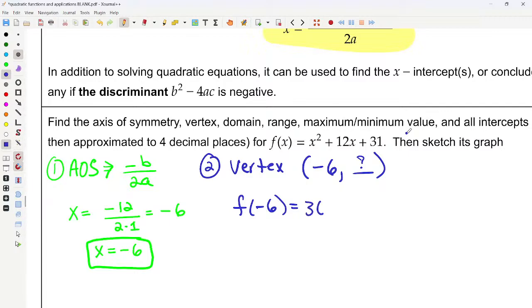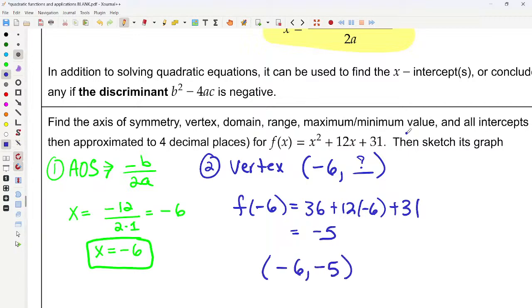That's 36 plus 12 times negative 6. I'll use a calculator because I'm good at making number mistakes. 36 plus 12 times negative 6 plus 31 is negative 5. Your vertex is a turning point, so it must have an x and a y inside parentheses.